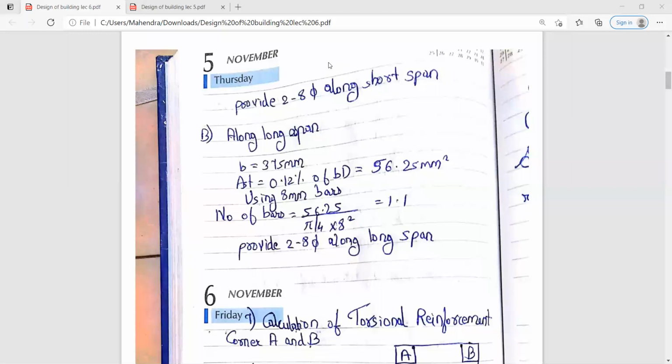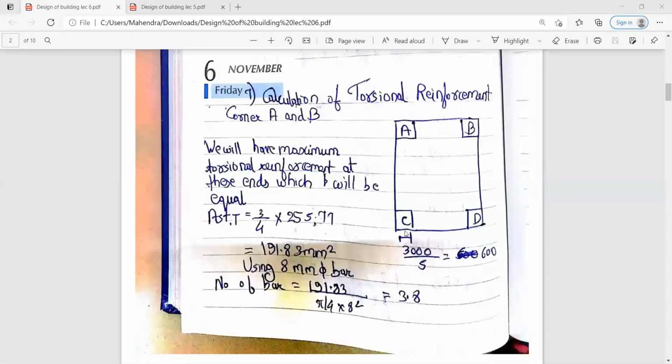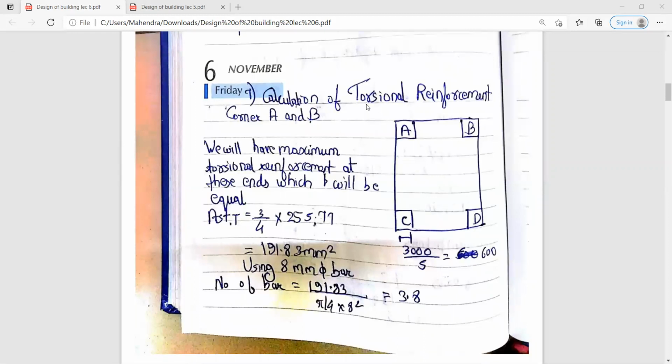So proceeding with step number 7, that is calculation of torsional reinforcement. For this, we are going to consider the corners A, B, C and D, as you can see in the diagram. The total span is 3 meters, that is 3000 by 5, which will be 600.